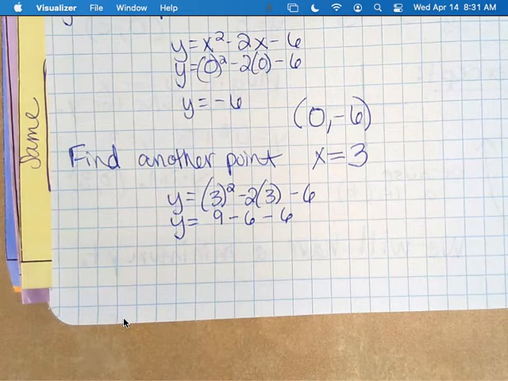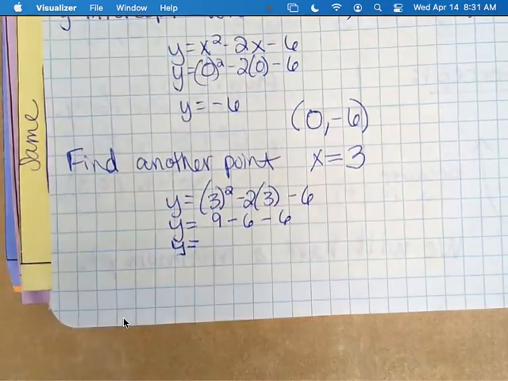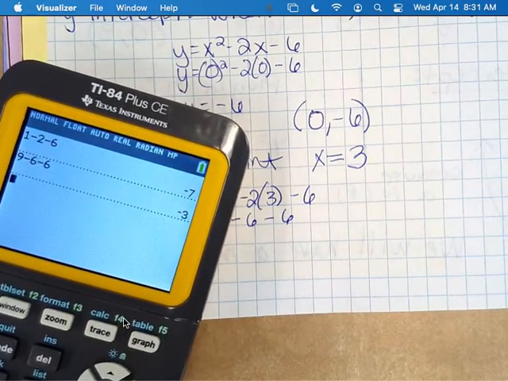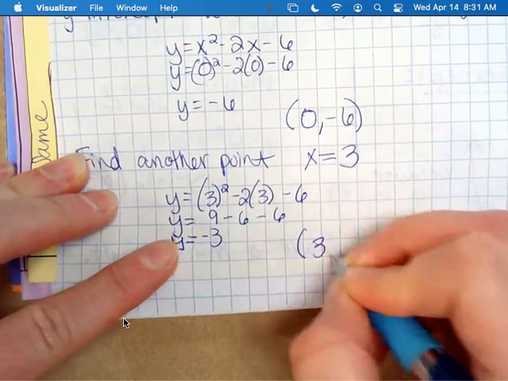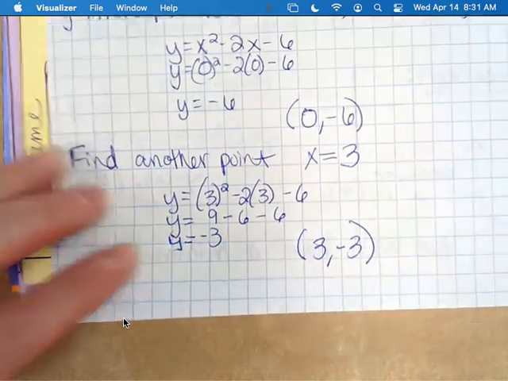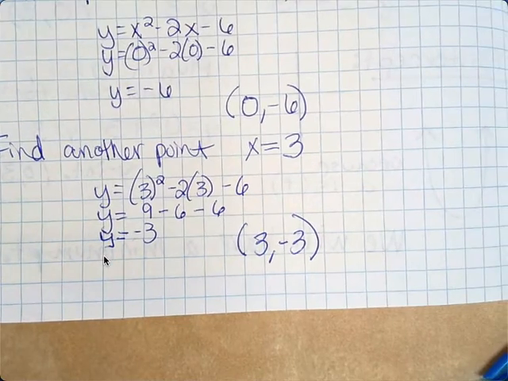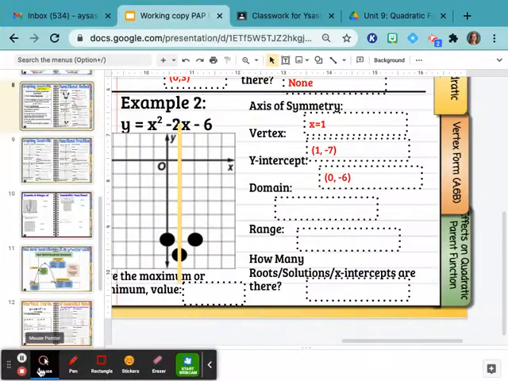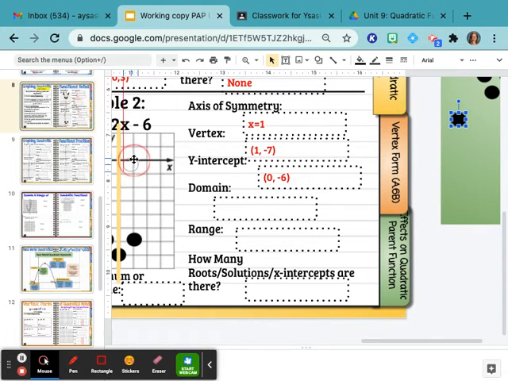So 9 minus 6 minus 6. Remember I put that in, I got -3. So my next point that I have is when x is 3, y is -3. So let's plot that next point over. So over to 3 and down to 1, 2, 3.